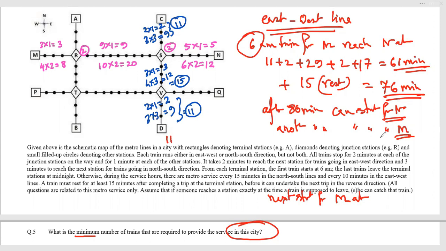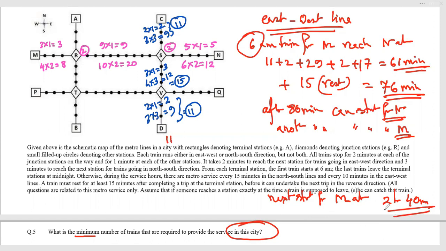That is 2 hours 40 minutes, because 80 twice is 160. So 2 hours 40 minutes after, the same train can start from M onward.